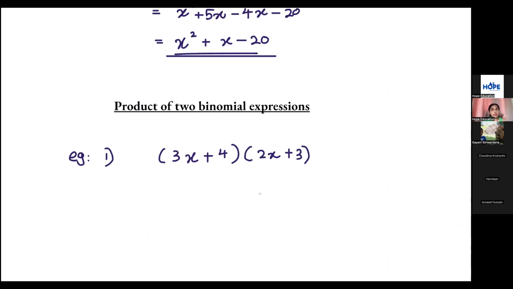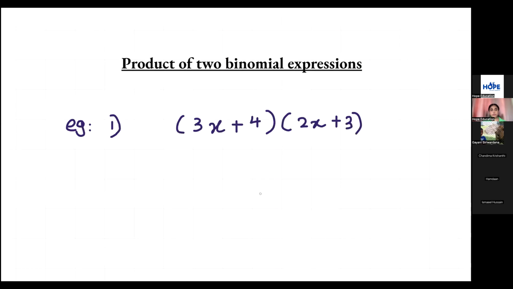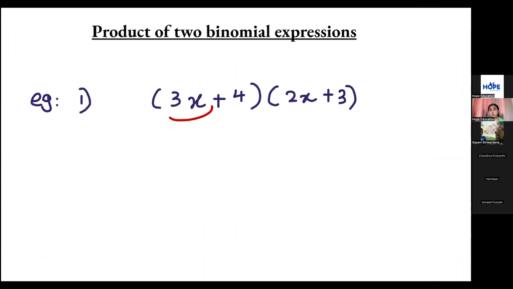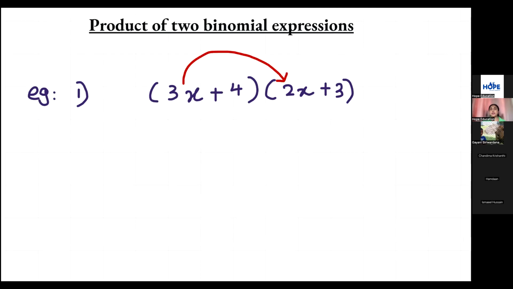So look at how I'm doing this very carefully. First of all, you take the first term of this one and then you multiply it by this. 3 times 2 is 6. x times x is x squared.